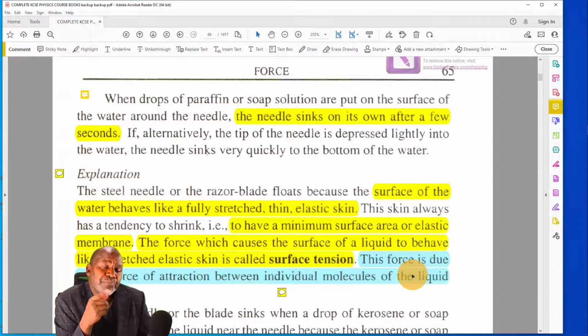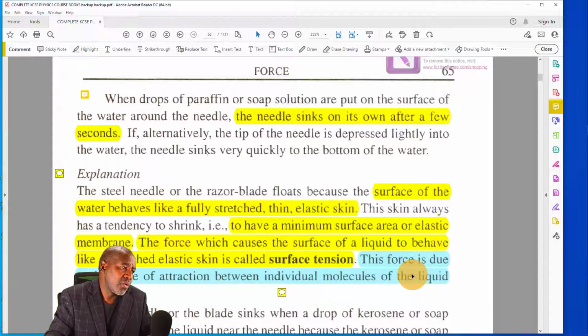We can use impurities, one of these being soap, or increasing the temperature. Let's see what you can do in the lab in order to achieve this. When drops of paraffin or soap solution are put on the surface of the water around the needle, it sinks on its own after a few seconds.